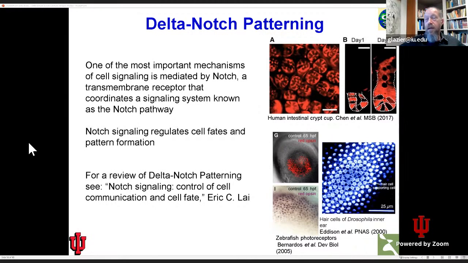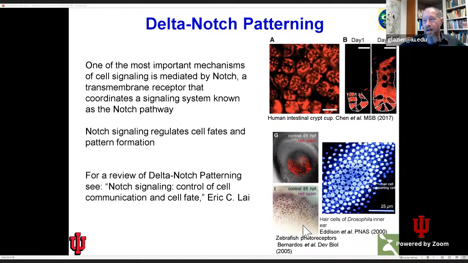And this kind of delta notch signaling is important. It shows up in stem cell regulation and the colonic crypt. At the very beginning of this course, we ran that colonic crypt simulation without looking at what it did. Delta notch typically gives rise to this kind of salt and pepper patterning. In this case, they're hair cells of the Drosophila ear.